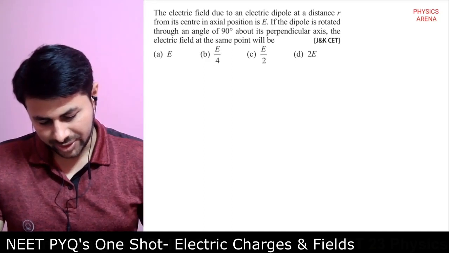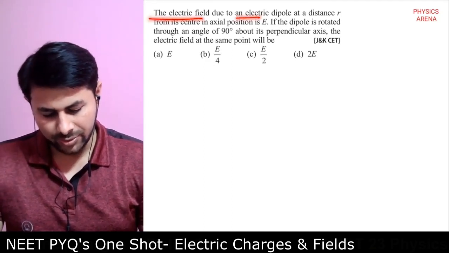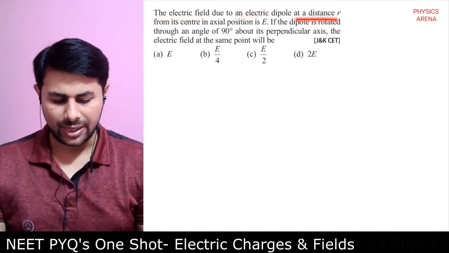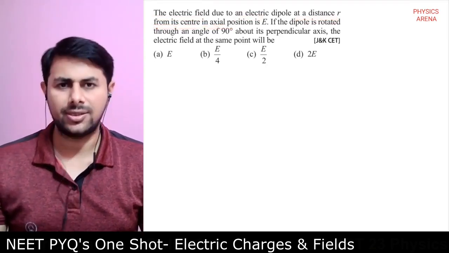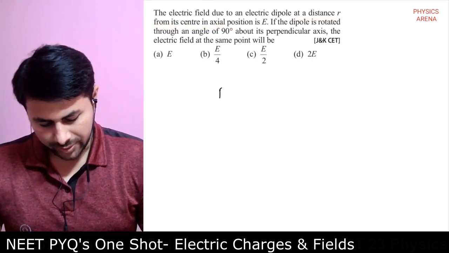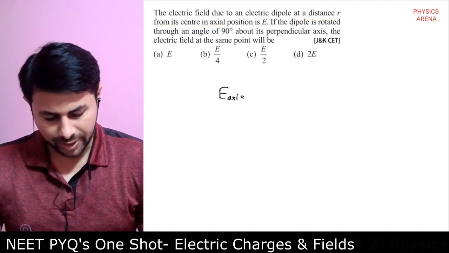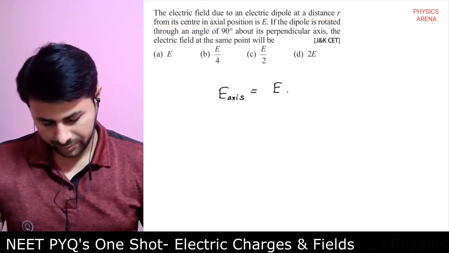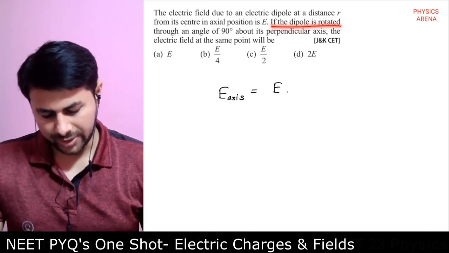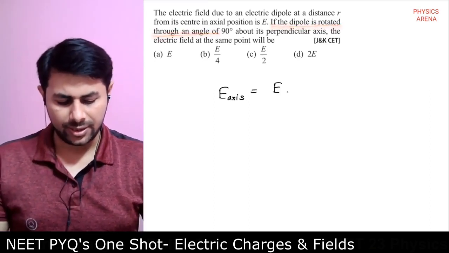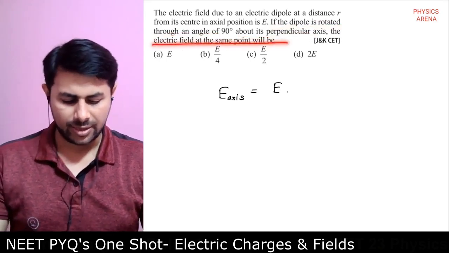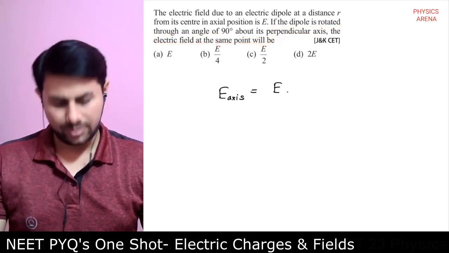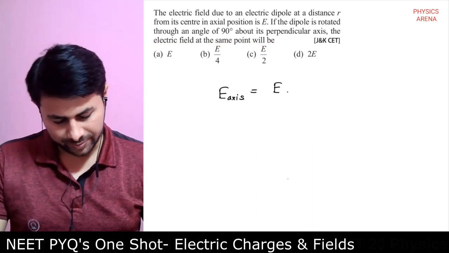So let's see the next question. The electric field due to an electric dipole at a distance r from its center in axial position is E. So E axis is equal to E. If the dipole is rotated through an angle 90 degrees about its perpendicular axis, then the electric field at the same point will be? So this is very, very simple.